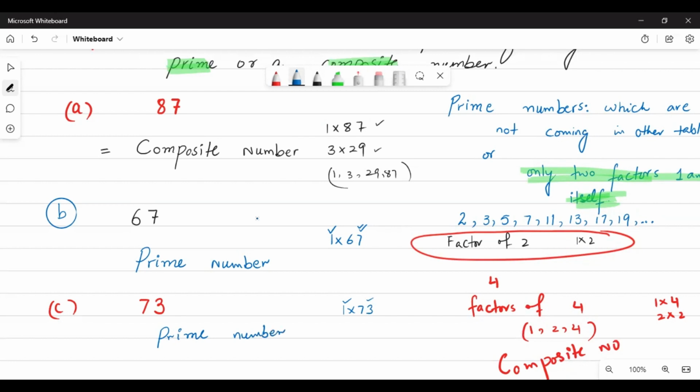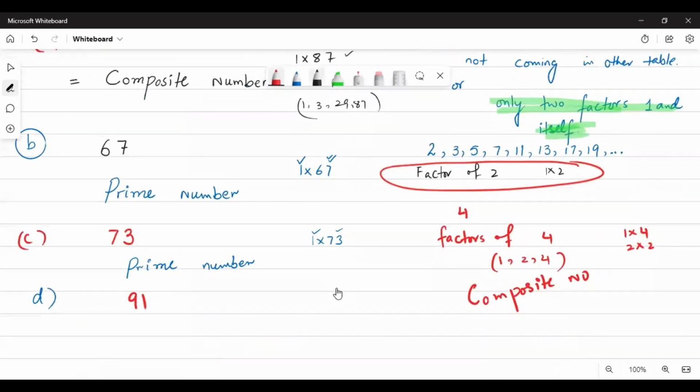Next is 91. So let's check whether 91 is a prime number or a composite number. 1 times 91 is 91. Then we can see that 91 cannot be divided by 2.